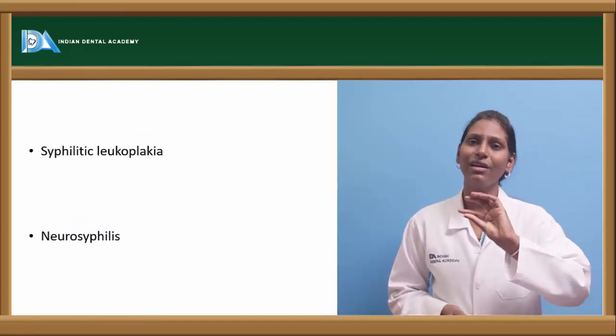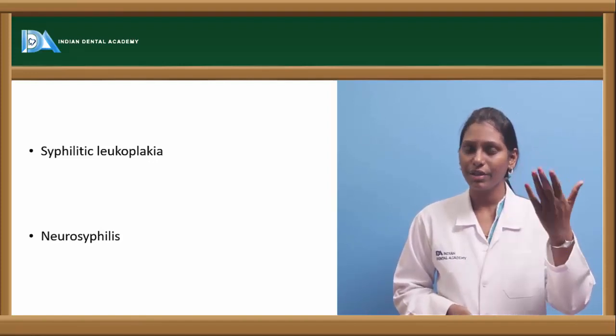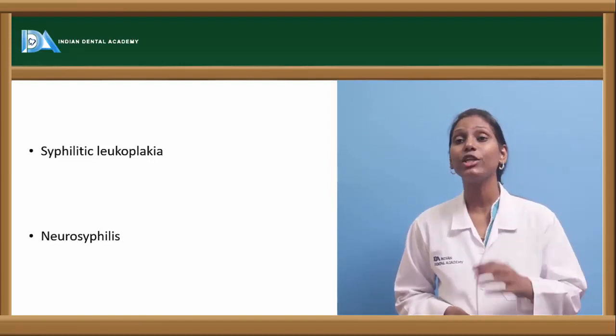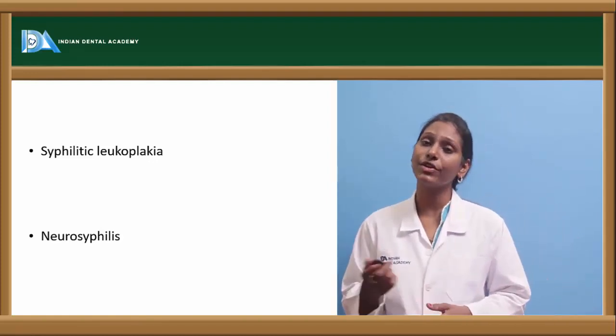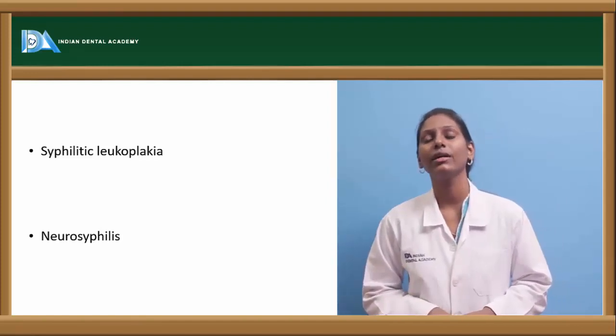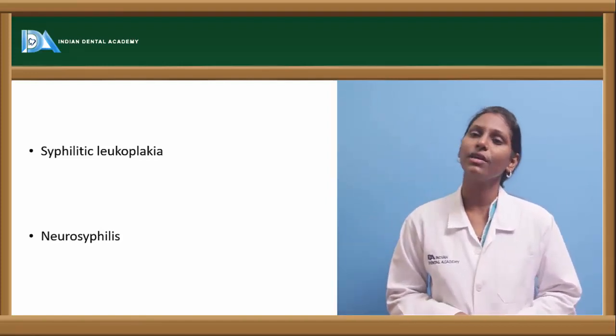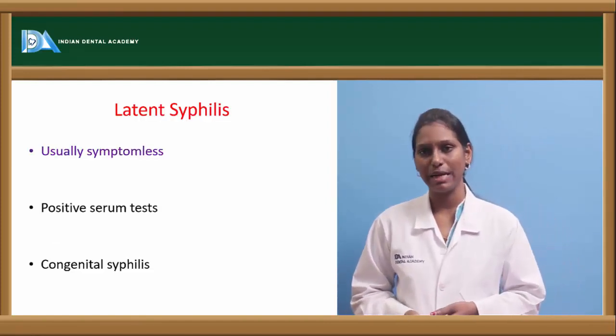You can nicely see a punched out lesion, and sometimes if it is not treated in time, it can lead to perforation of the palate also. We see syphilitic leukoplakia, and as we already know, leukoplakia was first found in syphilitic patients. Neurosyphilis, as we discussed, can cause trigeminal neuropathy or facial nerve palsy.